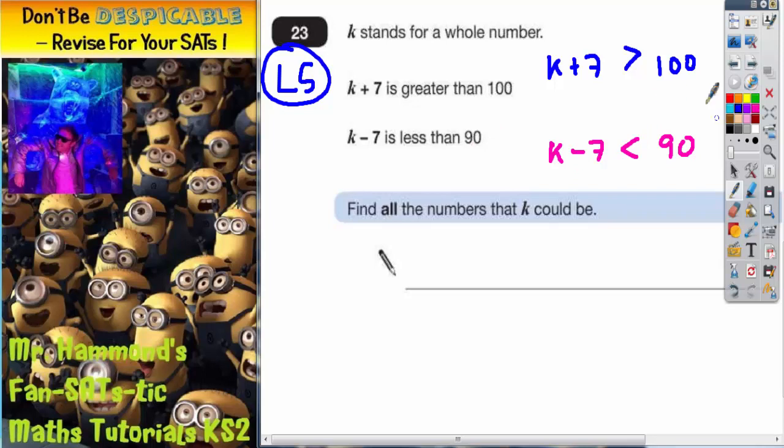Now we're going to do a little trick here. What we're going to do is get rid of the plus 7 so that we're just left with K on the left hand side. Now if we remove this plus 7, we need to take the 7 off. We can't just take it off this side and forget about the other side.